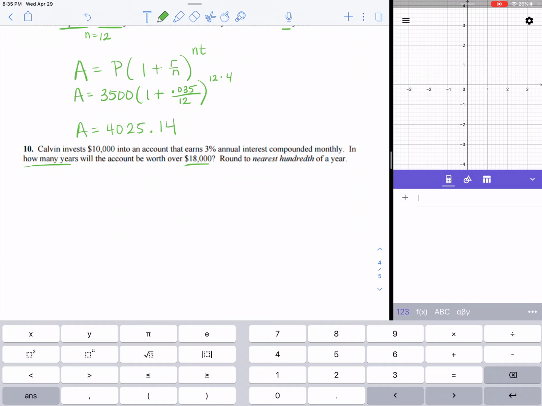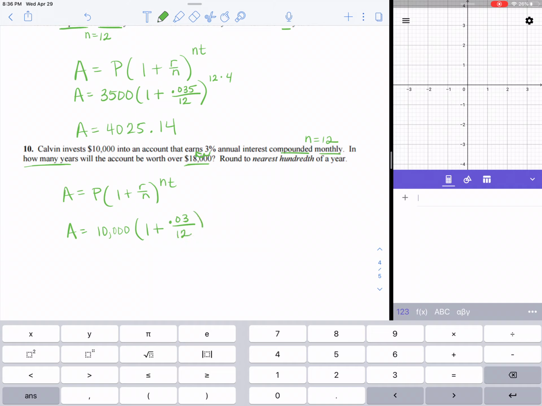Okay, so it said compounded monthly again, so I'm going to use that same formula, A equals P times 1 plus R over N to the NT. If it's compounded monthly, the N again is 12. The principal they gave us was $10,000. The rate, 3%, move the decimal 2 places to the left, it's 0.03 over N. How many times?